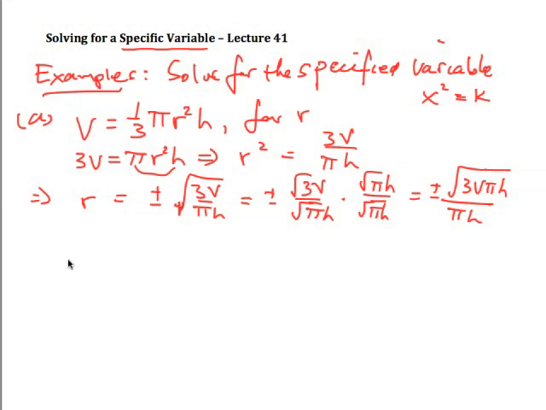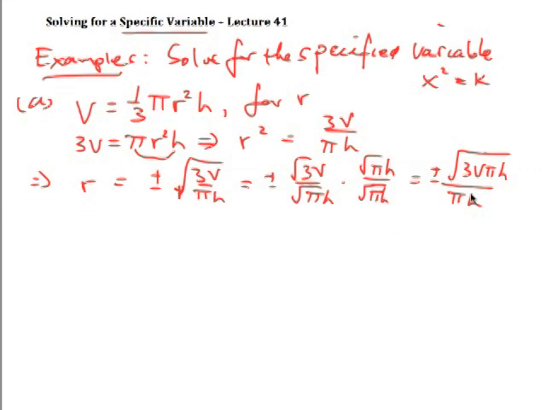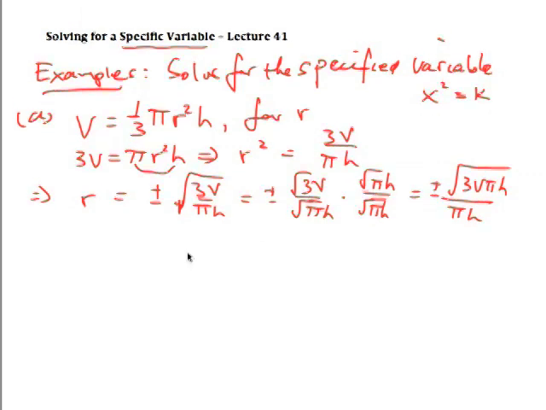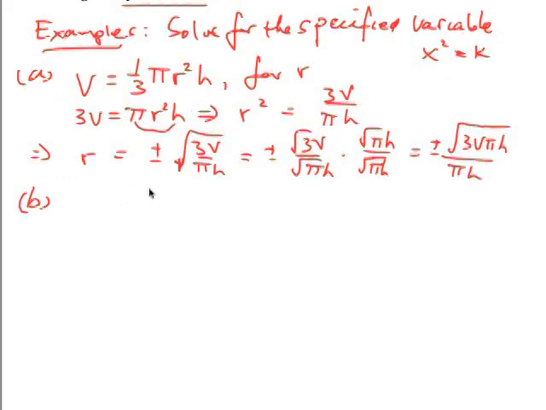Now of course if we were dealing with a real formula here where this was a volume and this was the radius, then we would have to make sure we'd only have the positive one. But mathematically that's what we'd get for this particular case.